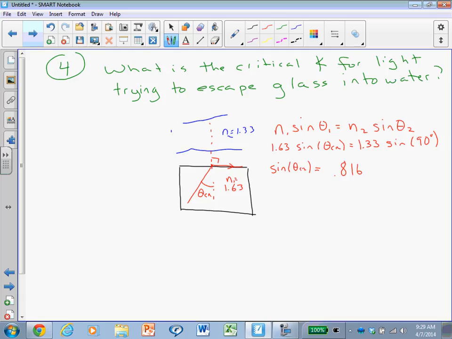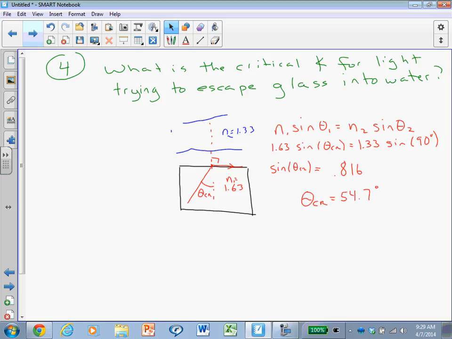And then sine inverse is 54.7 degrees. To get into the club, you have to know all the angles, critical angles.